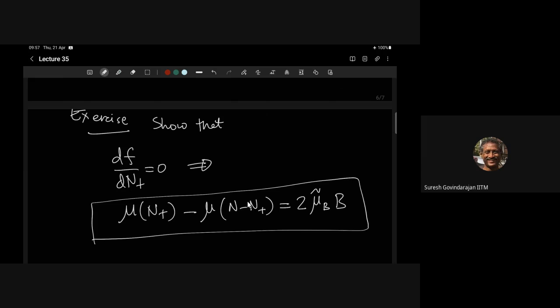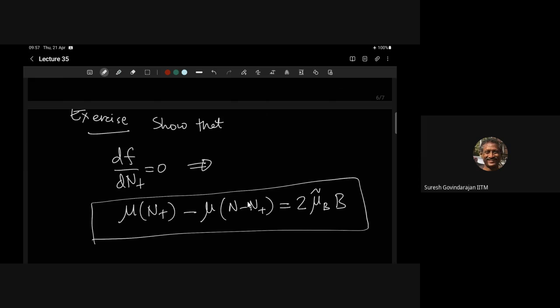What this tells you is that if you turn on a B, there is a bias. Positive B means the chemical potential for n plus is higher. So this formula captures what we expect. Now we need to plug in formulas for mu, b, etc.